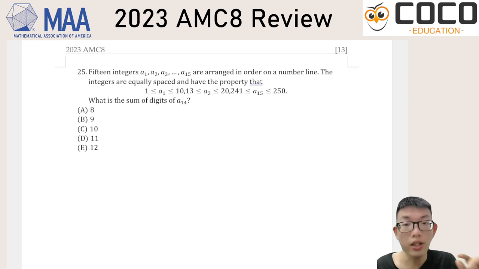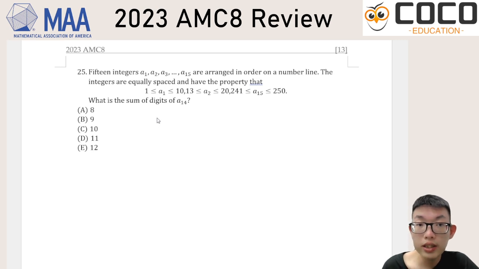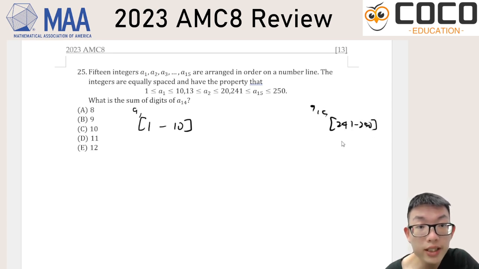Okay, so they're all integers and they're equally spaced. So the trick here is that your A1 is 1 to 10 and your A15 is somewhere from 241 to 250.